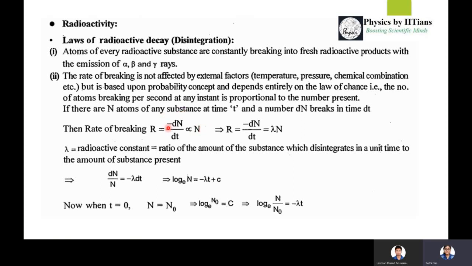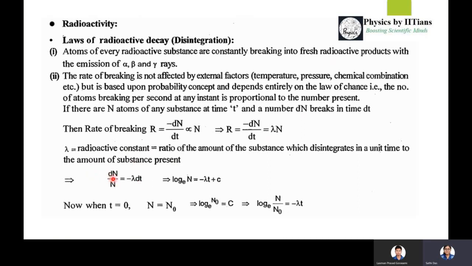So minus dn by dt is proportional to n; since it is a decay, there is a negative sign, that is the decrease in the number. So there will be a proportionality constant, lambda, known as the radioactive constant. This is the ratio of the amount of the substance which disintegrates in unit time to the amount of substance present.